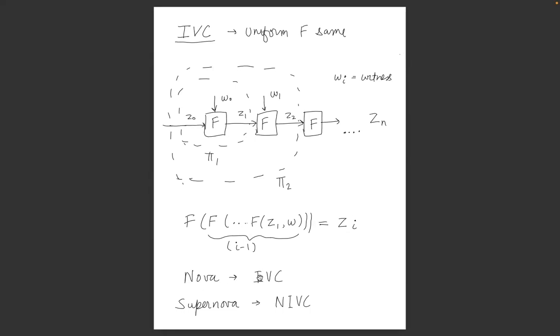And Nova is using this uniform IVC where the function is always the same, and the extension of Nova, which is SuperNova, uses non-uniform IVC where this function changes, and yeah, we can talk about that later.